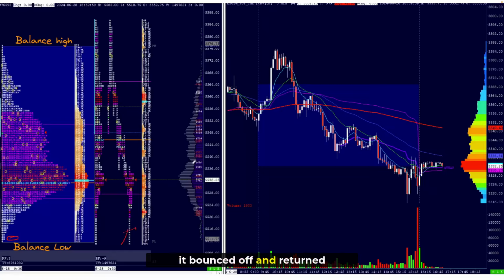It bounced off and returned back to first price. As we said earlier, high volume nodes are magnets of price. This is where buyers and sellers agree in order to transact, okay? And low volume nodes act as resistance and support for the market, as seen here.